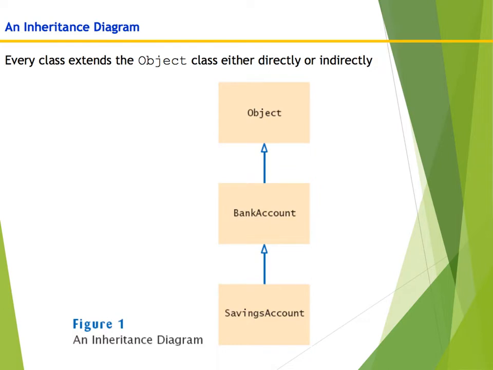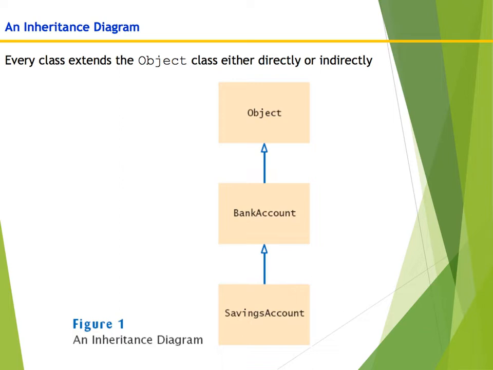In this lecture, we use a specific type of diagram that shows the inheritance relationship between classes. As you see here, we have three classes. SavingsAccount is a subclass of BankAccount.